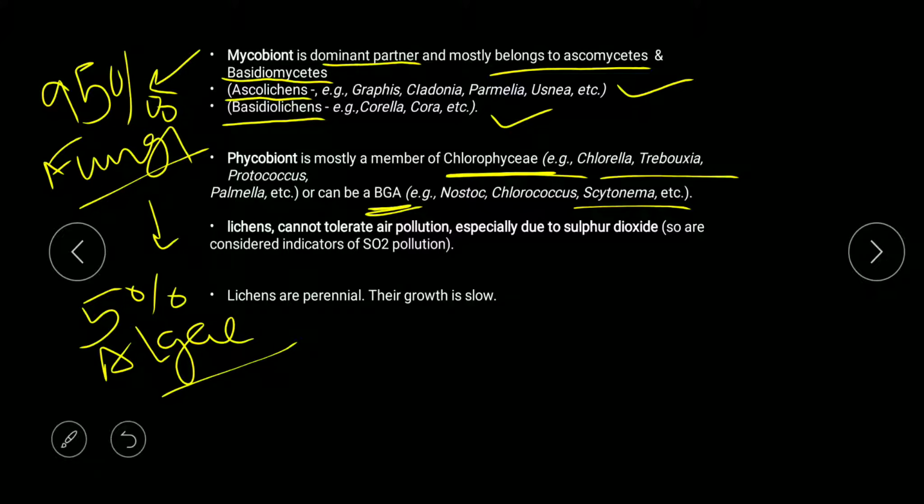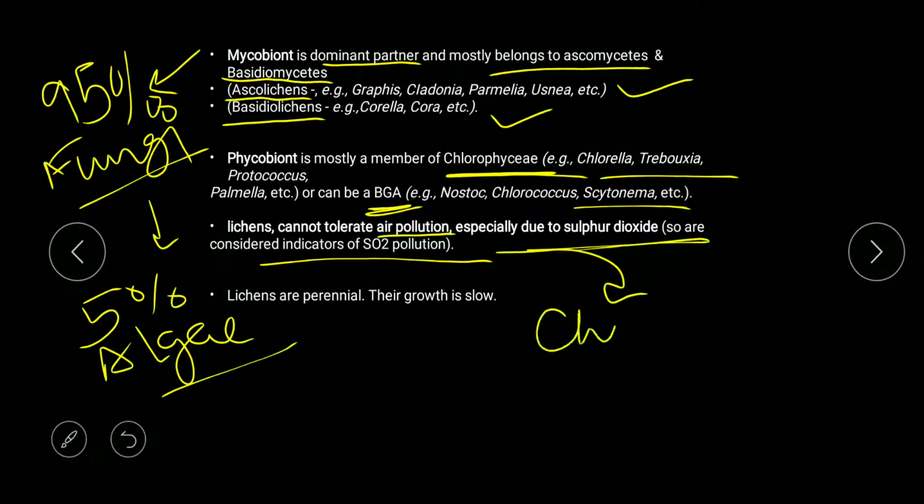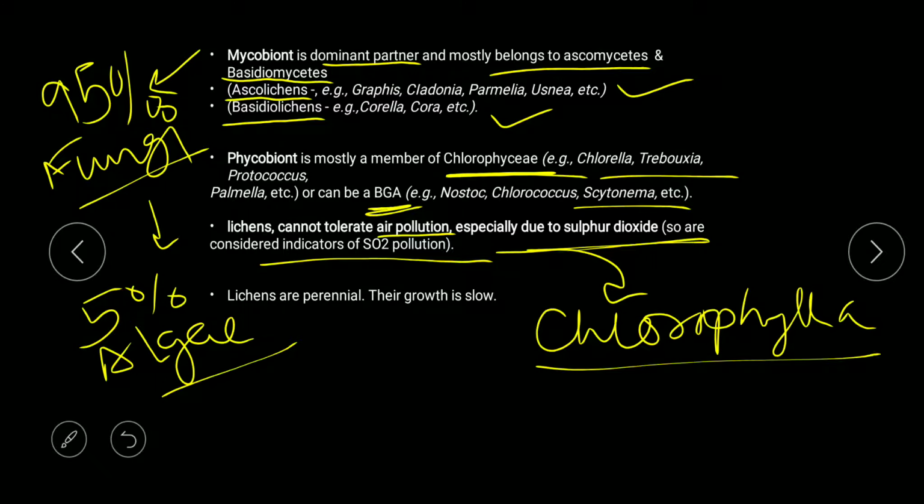Lichens cannot tolerate air pollution, especially SO2, sulfur dioxide, and are considered indicators of SO2 pollution. So they are very good SO2 pollution indicators. What does SO2 do? SO2 carries out the oxidation of chlorophyll A, and due to oxidation of chlorophyll A, it is converted into pheophytin.